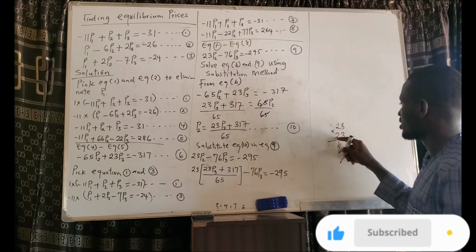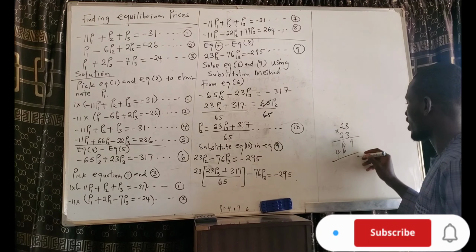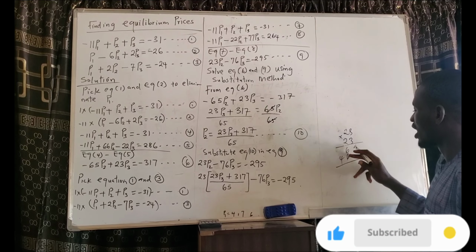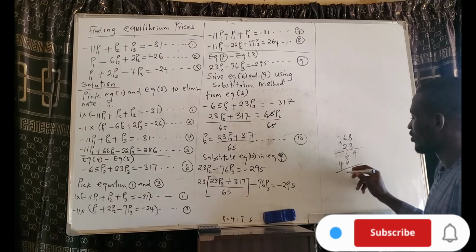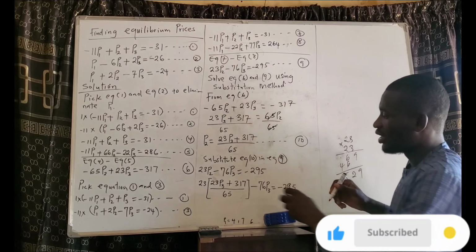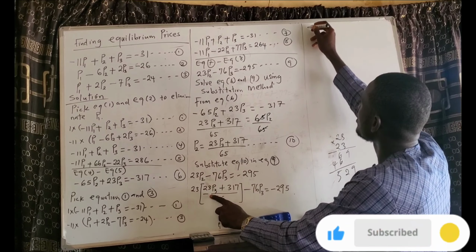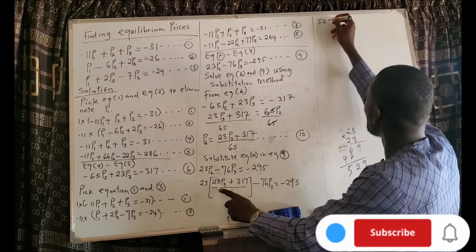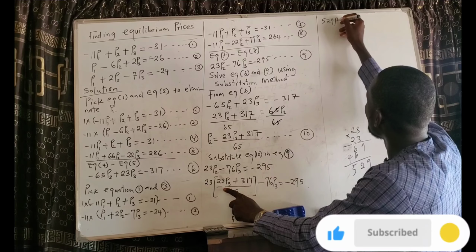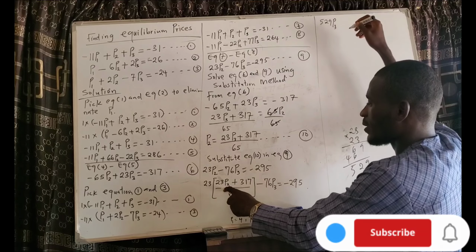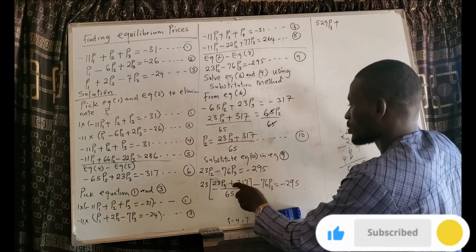This one 2, 6. This one 4. You have 9. Here you have 12. Here you have 1. So this times this will give us 529p3.